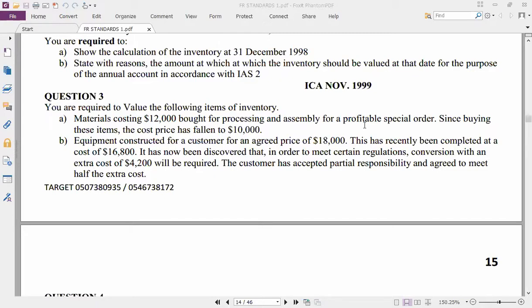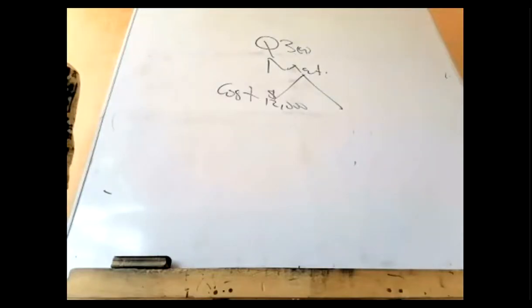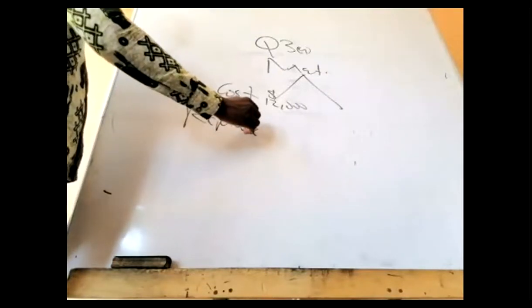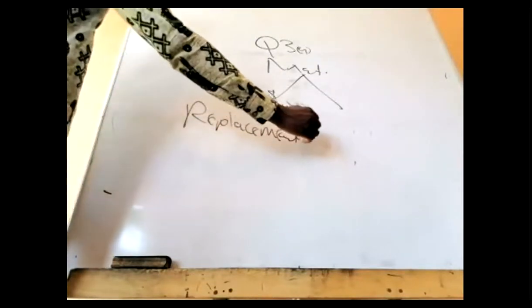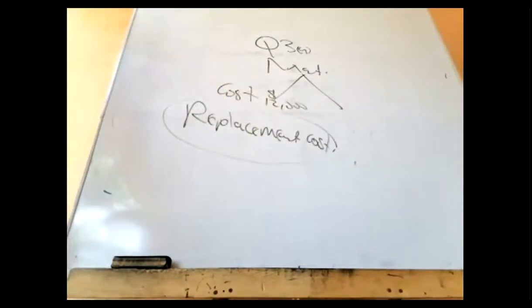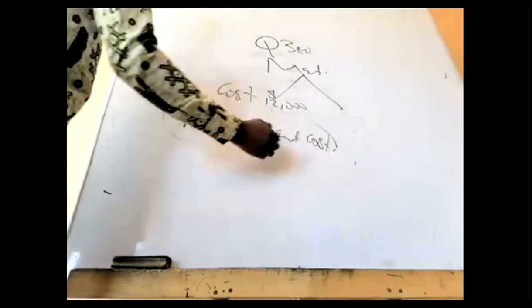Now the cost has fallen to $10,000, meaning that is what we call replacement cost. If I should replace these goods, I need to spend $10,000. I bought the goods at $12,000. But as of now, if I have to replace these goods, we have what we call replacement cost. In fact, it's an alternative in a cost formula.